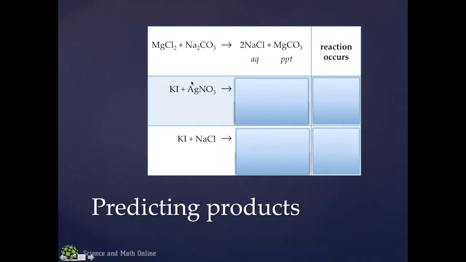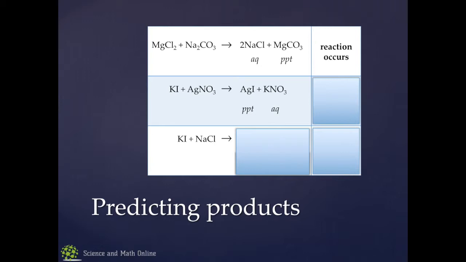We repeat the same process with potassium iodide and silver nitrate. Potassium and silver trade places. So the silver goes with the iodine, the potassium goes with the nitrate. Once again, you go back to the solubility table, track silver over, find the iodide column, and you will find that it is a precipitate. And you will find that potassium nitrate is aqueous, always soluble.